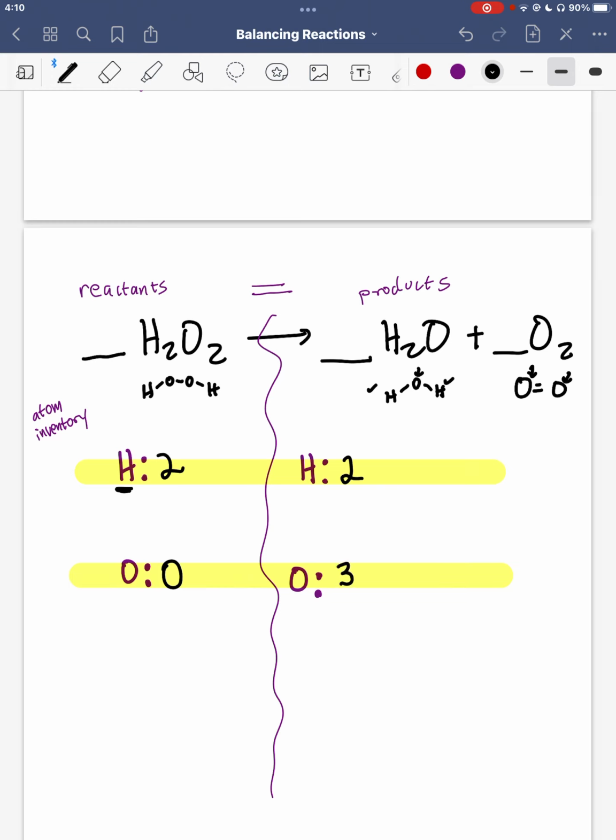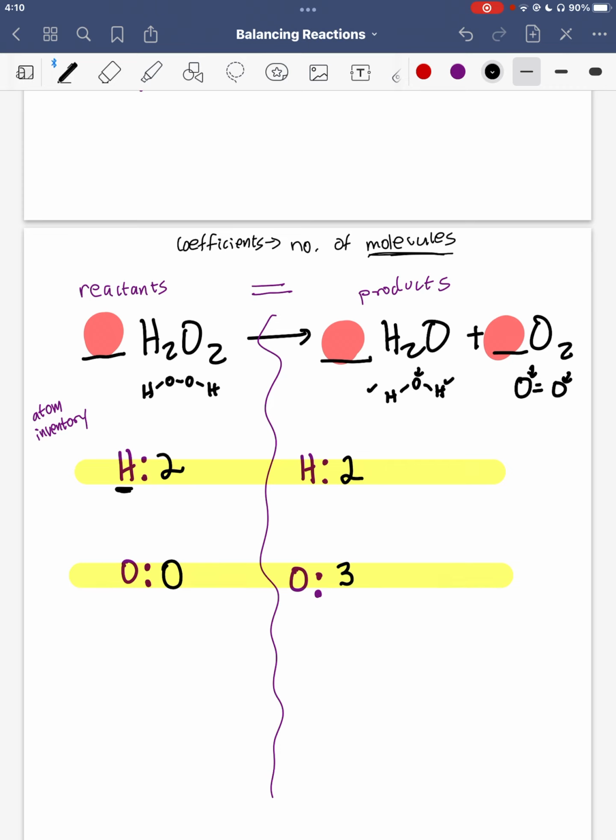All right, so my next step is to start balancing. And the only way that I can balance a reaction is by changing coefficients. Coefficients tell me the number of molecules present in the reaction, not individual atoms, but entire molecules.